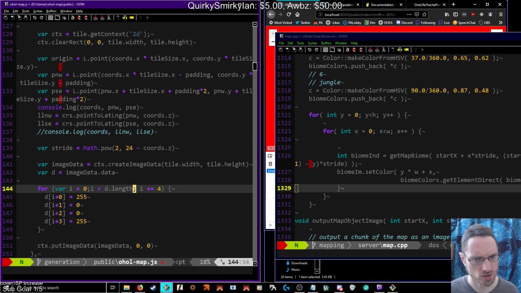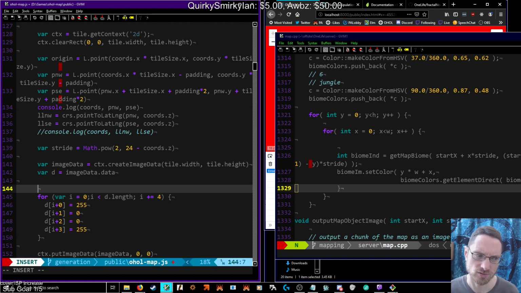We're going to want our coordinates anyway for the actual map stuff. And then height. Yeah, so this is pixel space.